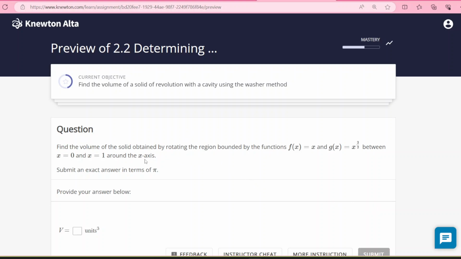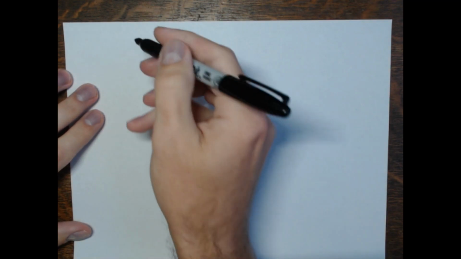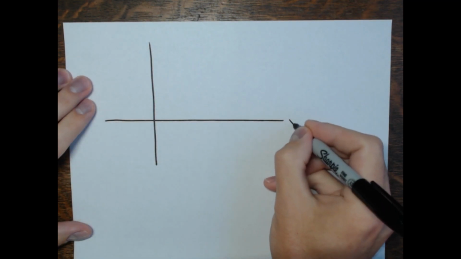Once again, around the x-axis. So I'll draw the region once again and just pick out a thin little rectangle that's perpendicular to the line of rotation and find the volume using this washer method.